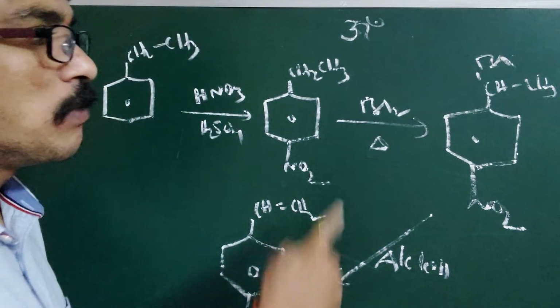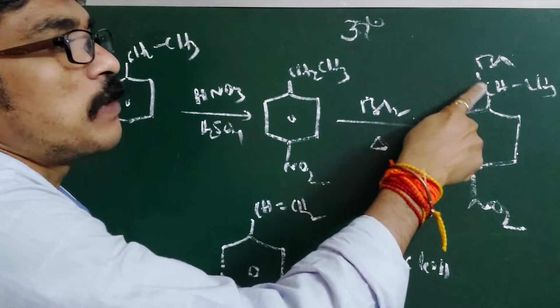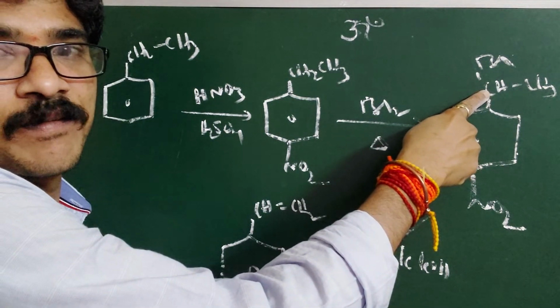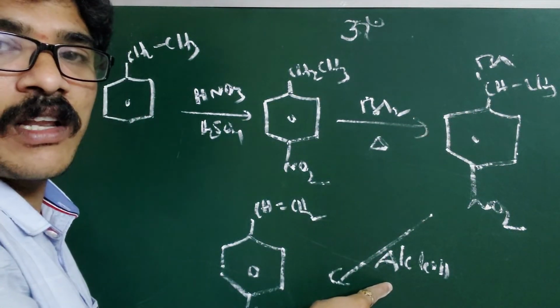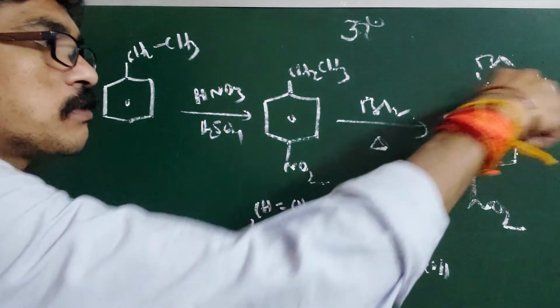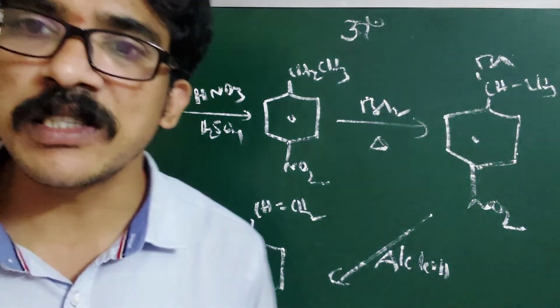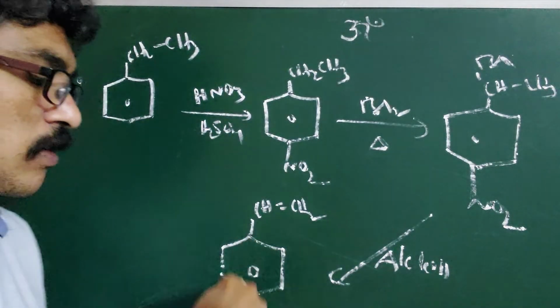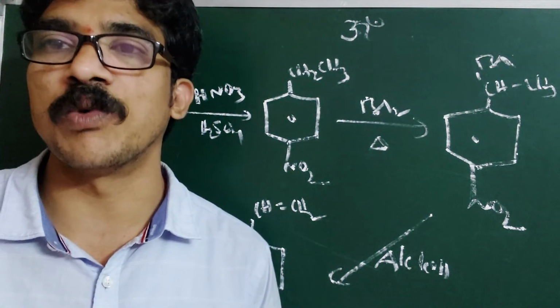But here bromine on heating means the benzylic hydrogen is substituted. That is treated with alcoholic KOH, an elimination reaction of the alkyl halide, and forms C6H5 with CH=CH2 and NO2 at the para position.